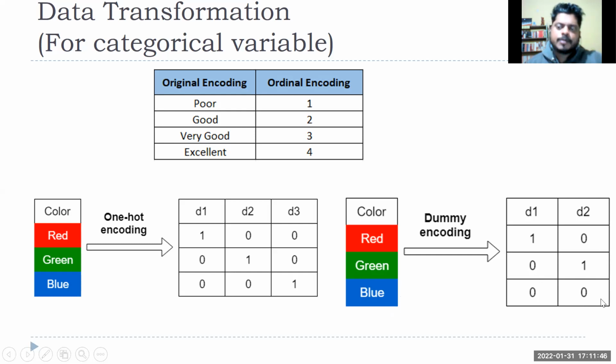But rather than putting in another variable d3, whenever I write d1 0, d2 0, it means the color is blue. That is what used to happen in one hot encoding, where each label has one variable. This is how you change your categorical variables to numerical parameters so that the machine can understand. Is this clear, or any doubt?